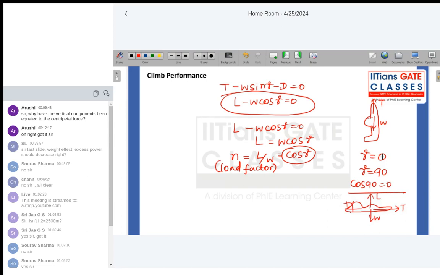So for all climbing flights, the load factor will always be less than 1, because cos gamma will always be less than 1, since for climbing flight gamma should be greater than 0 and less than 90 degrees.